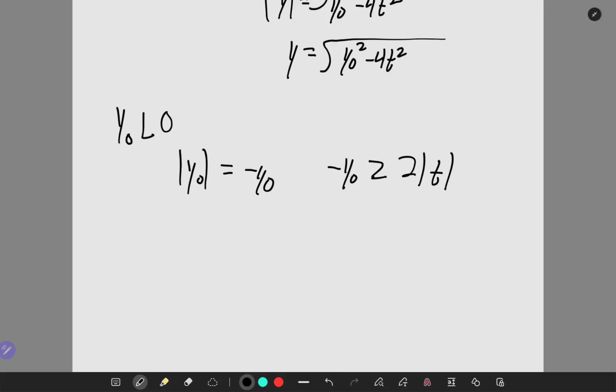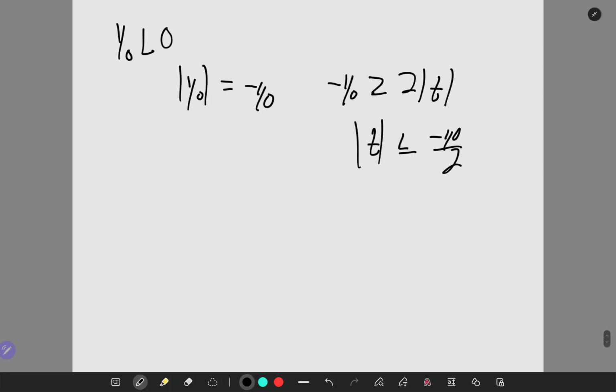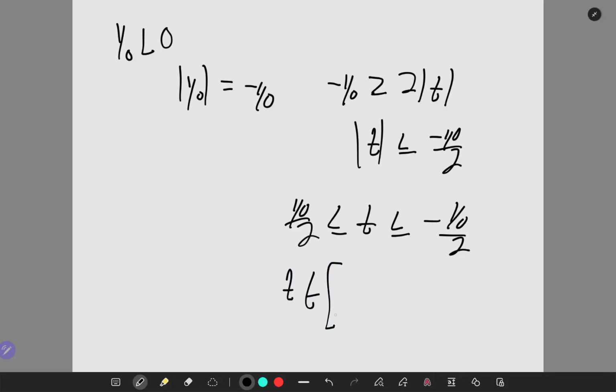Well, no. Let me just solve for t. So absolute value of t would be less than or equal to negative y naught over 2, right? All it's going to do for us is just flip what we had before. So then t exists on, this is the same thing, it's just going to be flipped. Union 0 negative y naught over 2, close bracket.